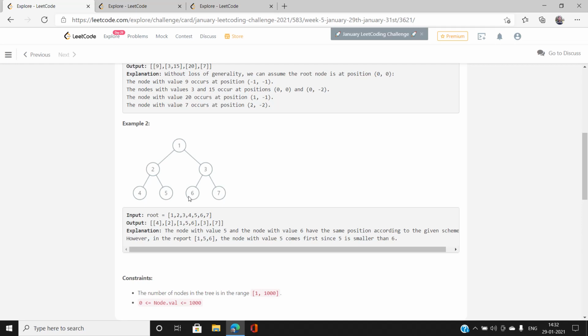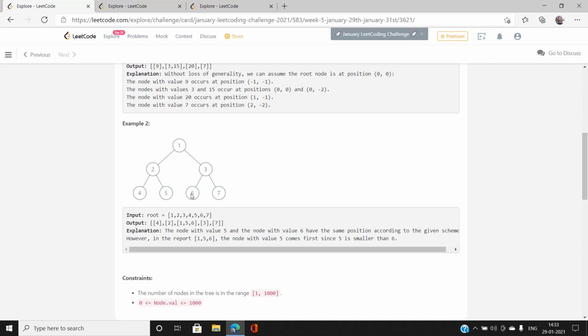Now you can also see that from 1, the root node, when we go to 2, we have minus 1 comma 1 as the coordinate, and when we move to 5, we have 0 comma 2. Then you can notice that the node having value 5 and the node having value 6 have the same coordinate.